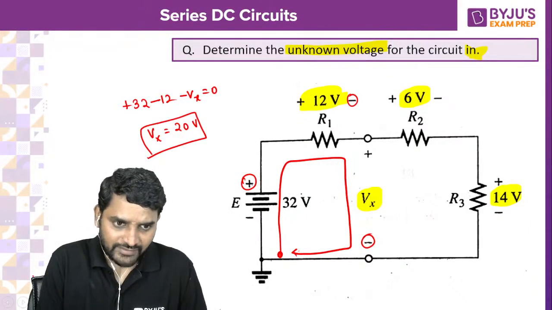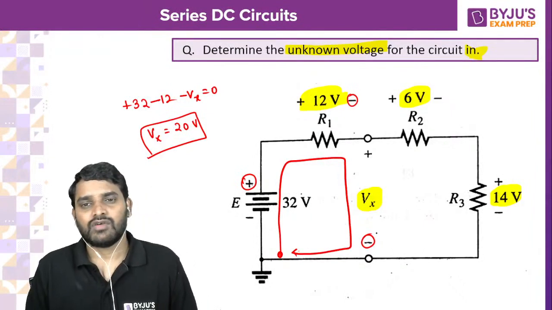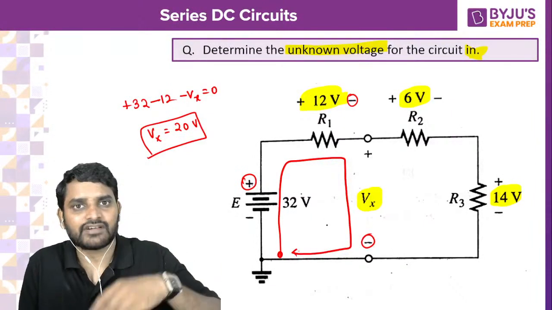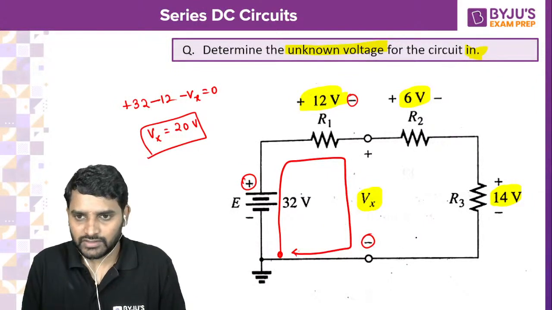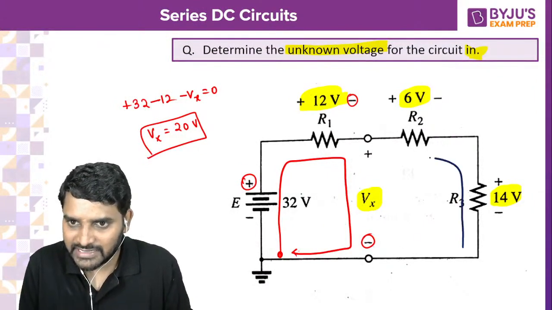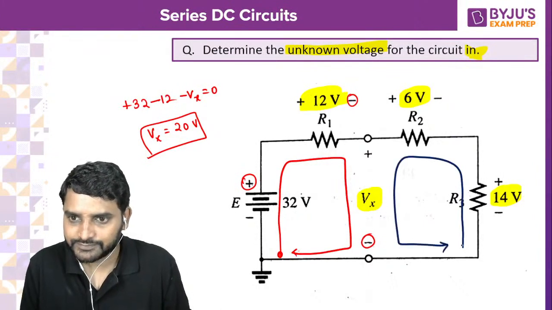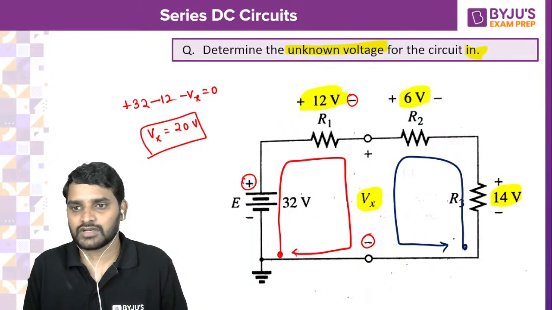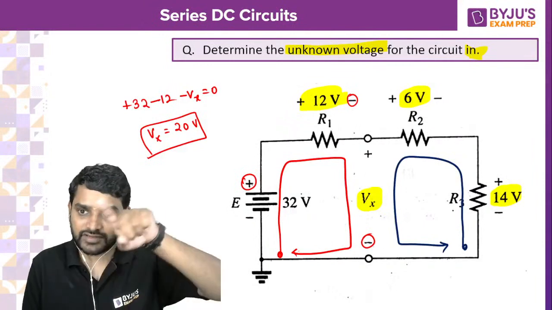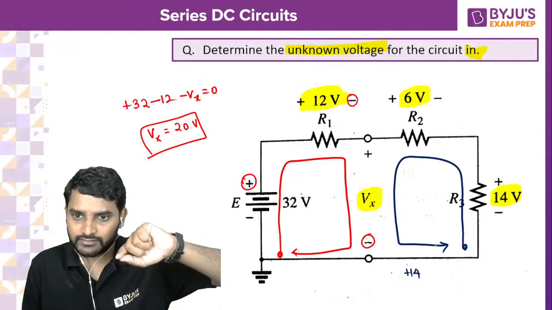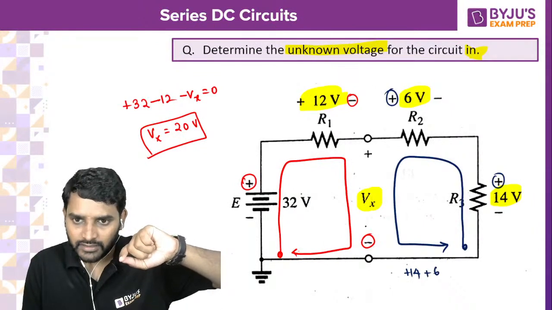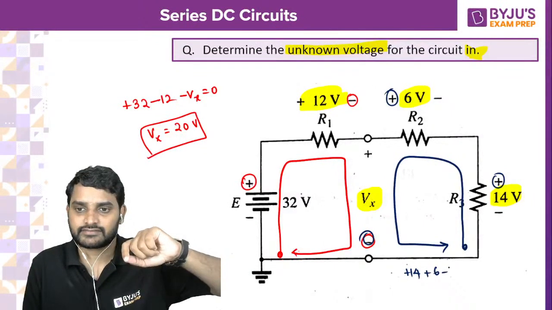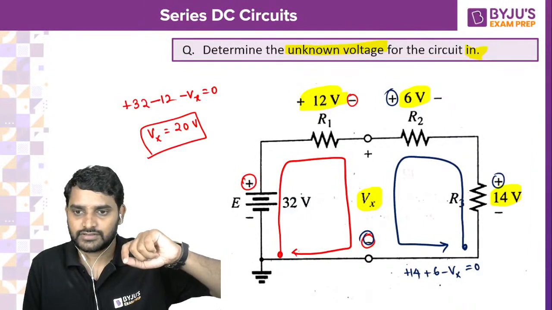You can do it in another way also. Why are you always moving in the clockwise direction? Why don't you move in the anti-clockwise direction? You can move in the anti-clockwise direction also, no issues. So let me take up KVL in the anti-clockwise direction. Plus 14 and plus 6 minus Vx is equal to 0.